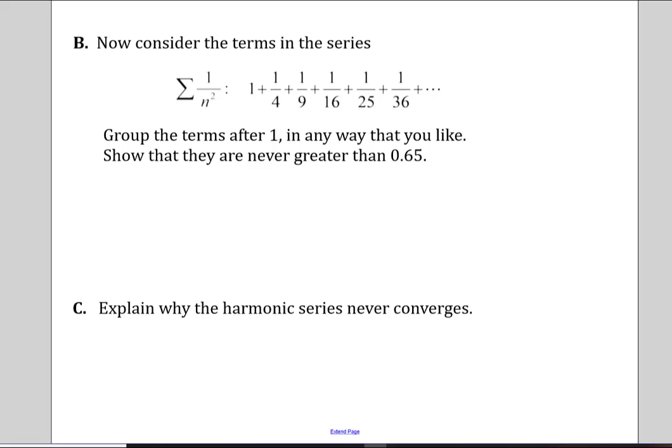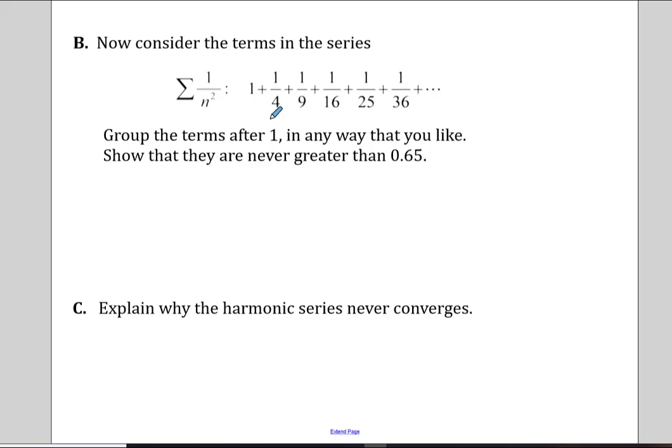Part B said, now let's consider the terms in this particular series, 1 over n squared. We already saw that in our graph at the beginning of the lesson. You can group the terms after 1 in any way that you would like, and we want to show that no matter which way you group them, they are never greater than 65/100ths.